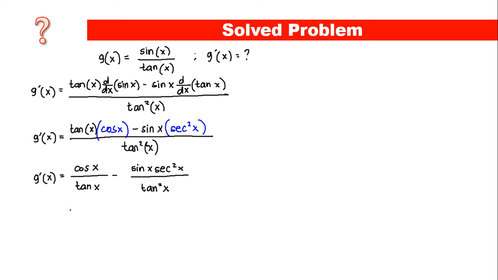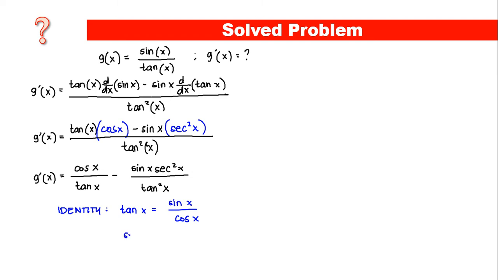Now, for this one, we will use the identity, no? Ang identity natin na nakikita ko dito is that we have tangent x equal to sine x over cosine ng x.